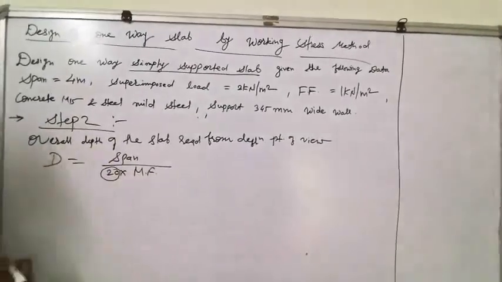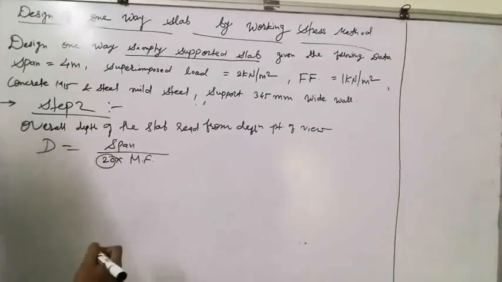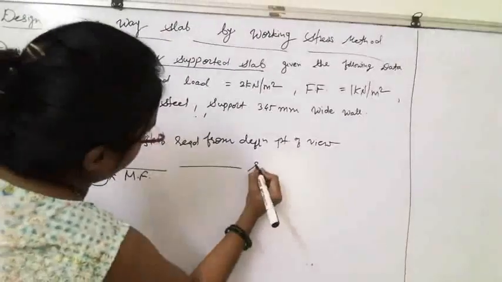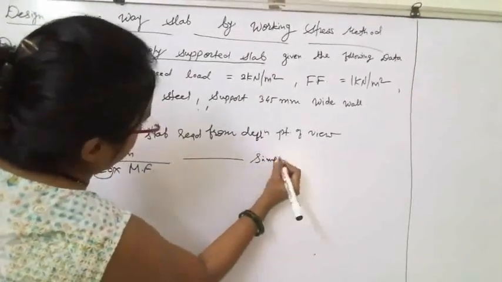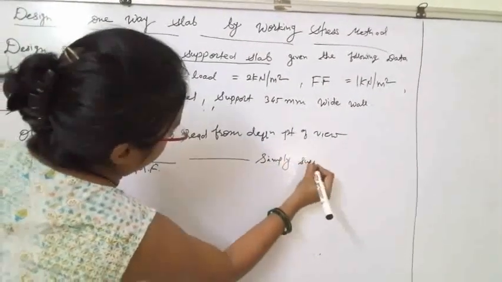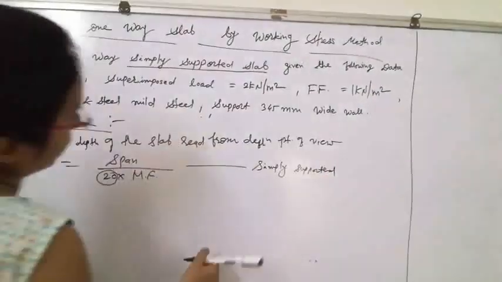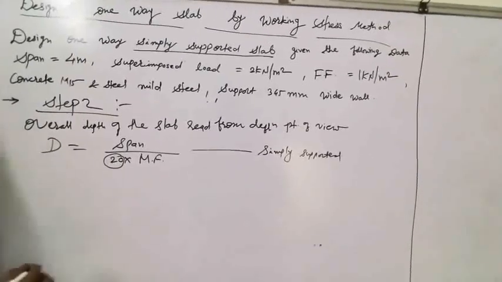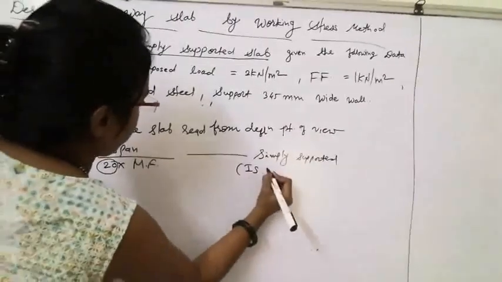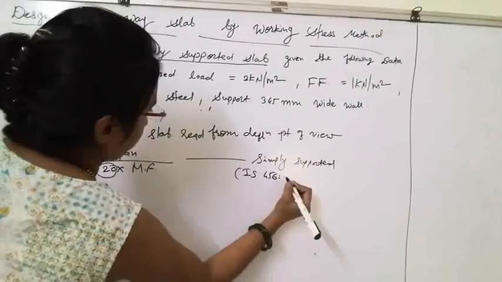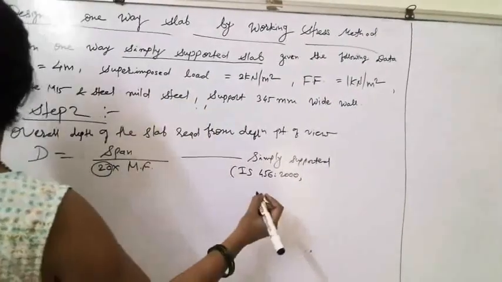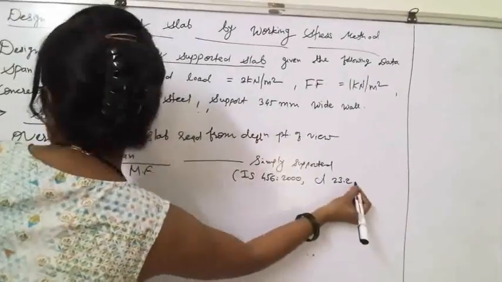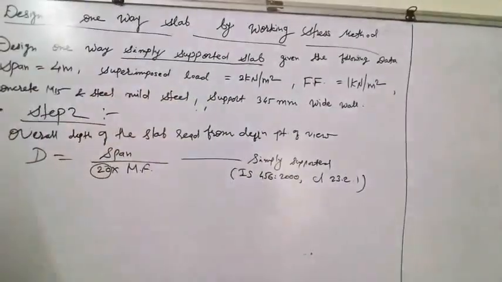These values change according to the support conditions, as our slab is a simply supported slab. So for a simply supported slab we have chosen this value, and you will get this from IS 456-2000 clause number 23.2.1.